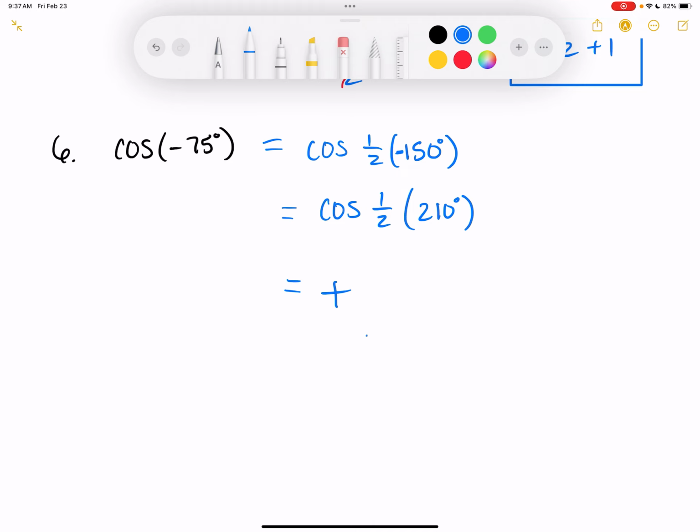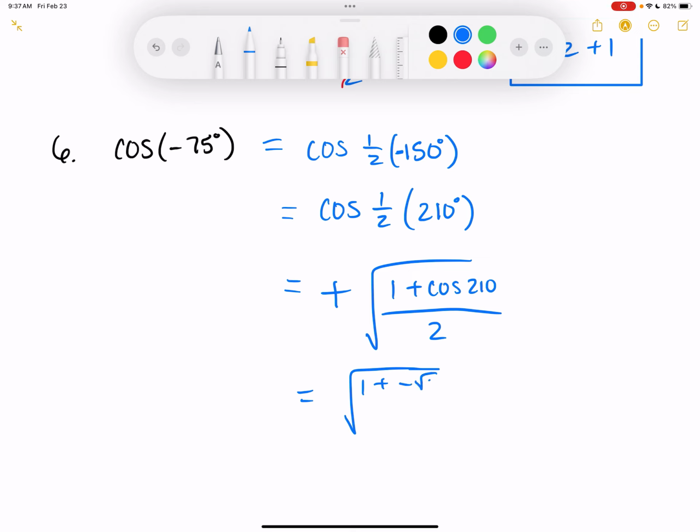So then the square root of my formula, 1 plus the cosine of 210 over 2. So what is the cosine of 210? Negative root 3 over 2.